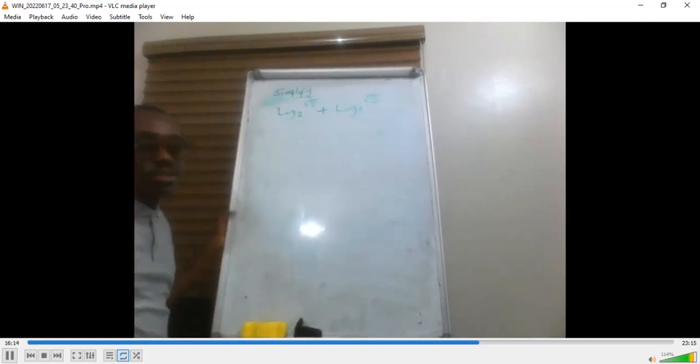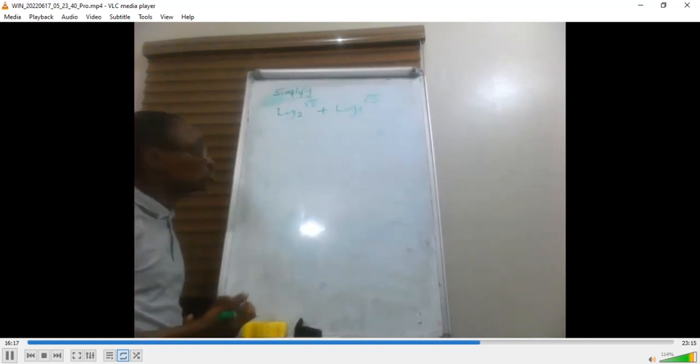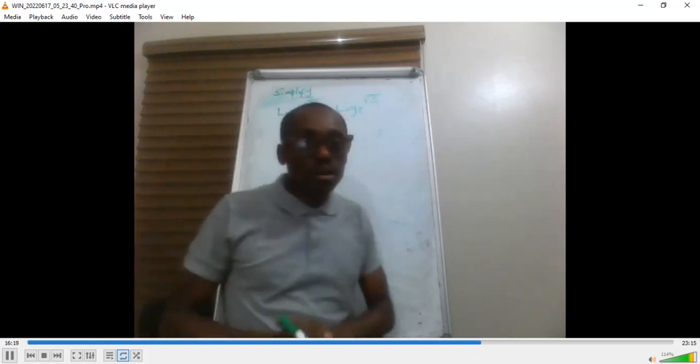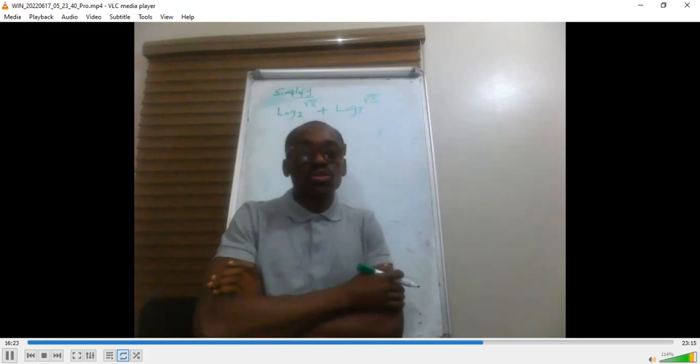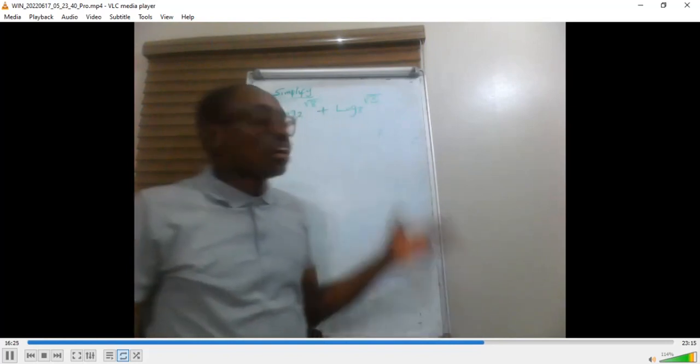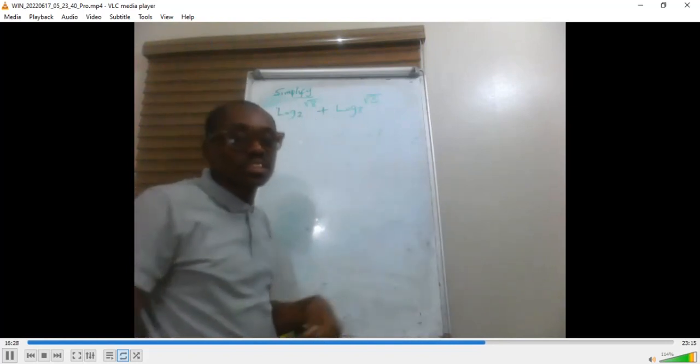So we're going to simplify the log of root 8 to base 2 plus the log of root 3 to base 3. So how are we going to solve this?